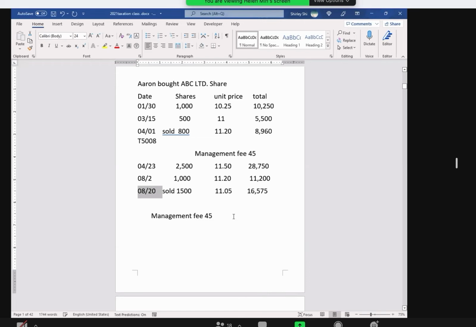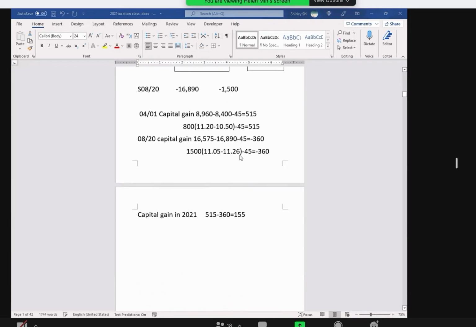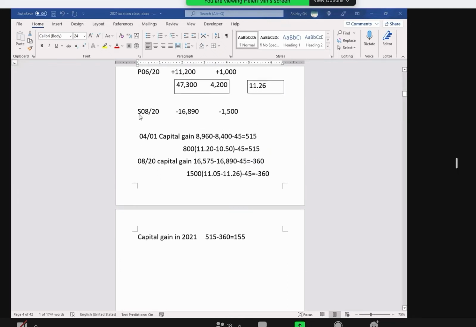That means if this case happens, the CRA does not allow you to calculate capital loss. The capital loss of minus 360, you don't take. So you're still doing it like this, then you carry on next year.